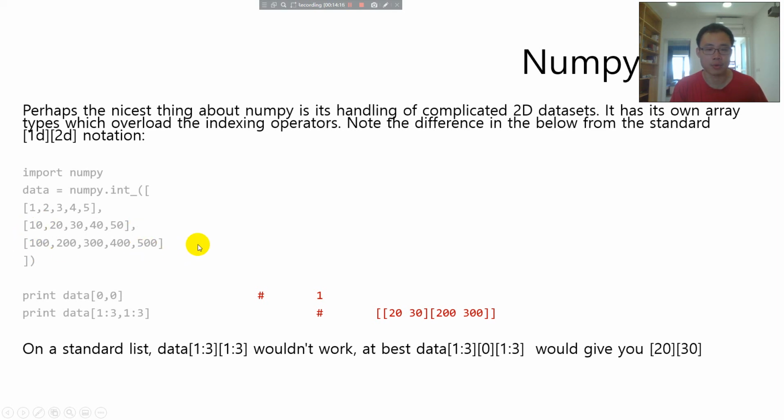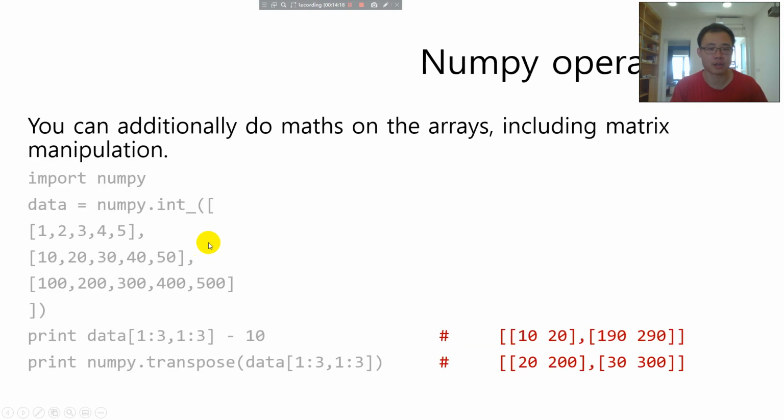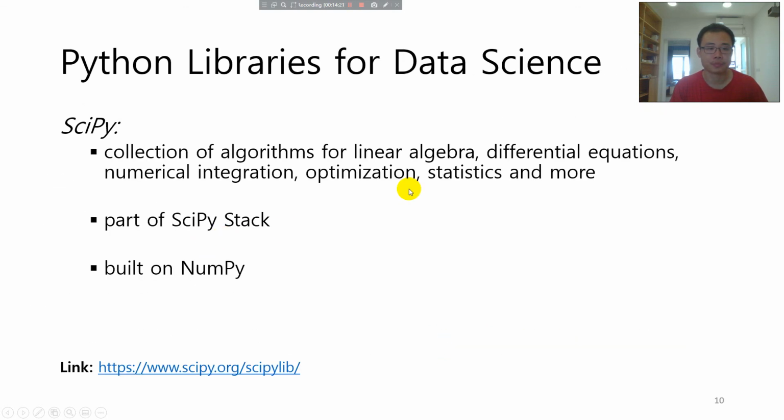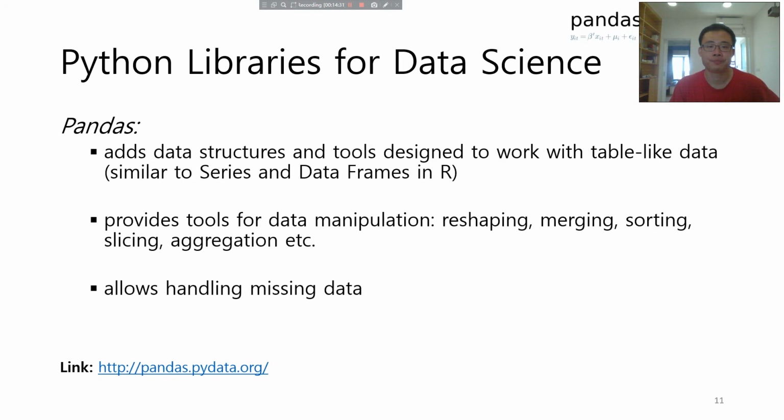Okay, we will show you NumPy in the next video. And SciPy. SciPy is a collection of algorithms for linear algebra, differential equations, numerical integration, optimization, statistics, and more. Pandas. So after NumPy, we will skip SciPy, and we will get into Pandas.